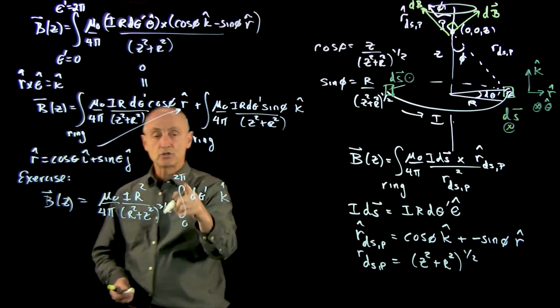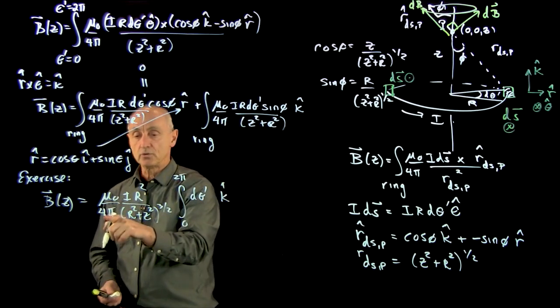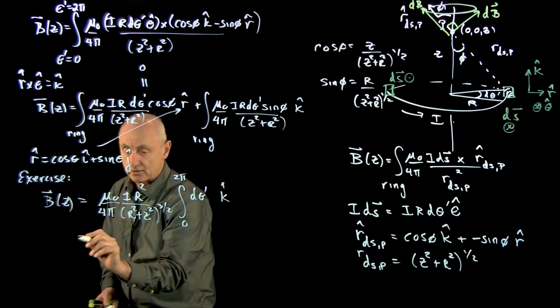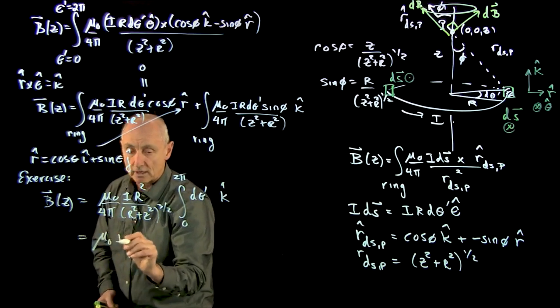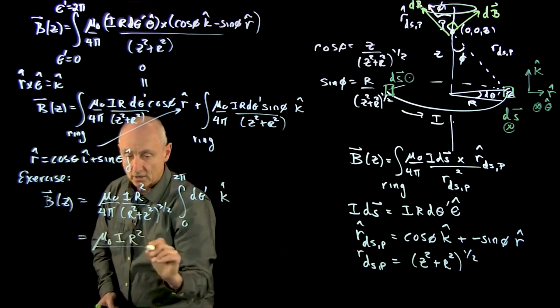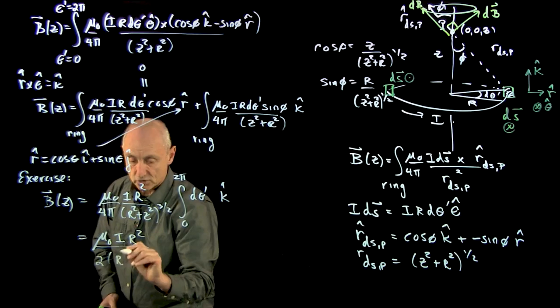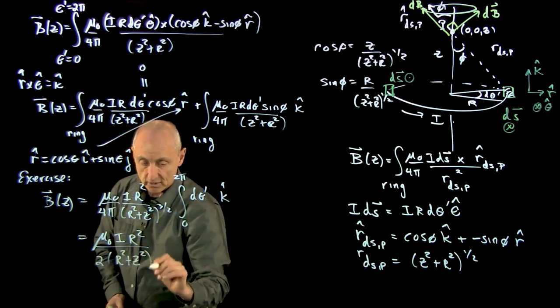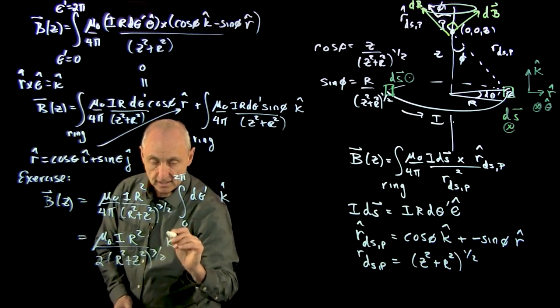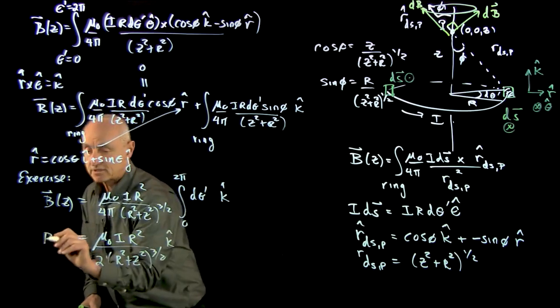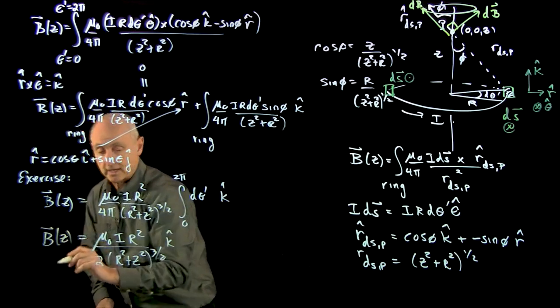And that's just 2 pi. The 2 pi's cancel, except for a factor of 2 downstairs. And I get mu naught I r squared over 2 times r squared plus z squared to the 3/2 k hat. And that's the magnetic field of the ring.